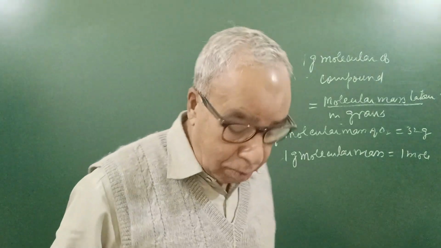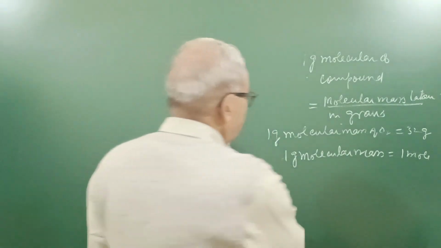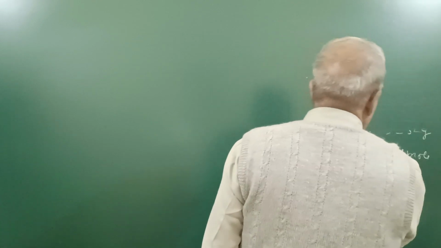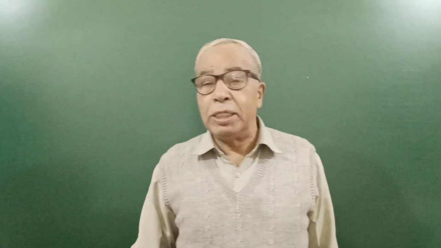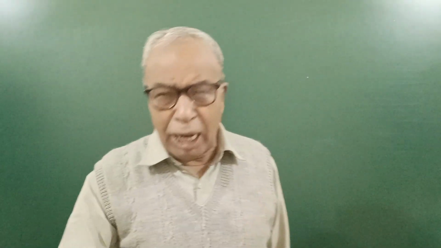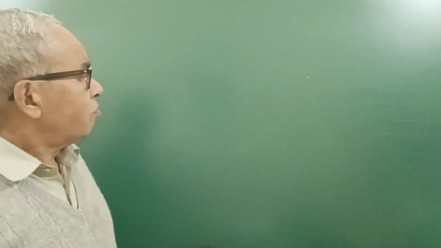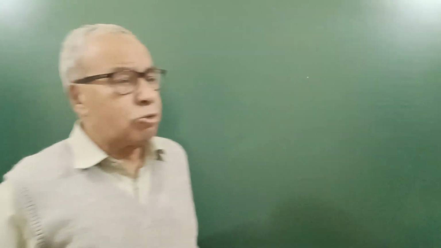So please be careful. Yesterday many students were telling me the other way, and actually I am very sorry to say that even authors write that a collection of 6.02 into 10 to the power 23 entities is 1 mole. This is total rubbish. I don't like it. You should talk in terms of atoms or molecules.